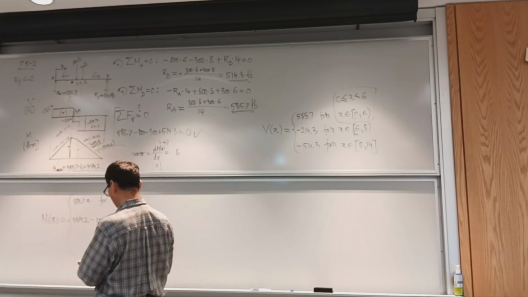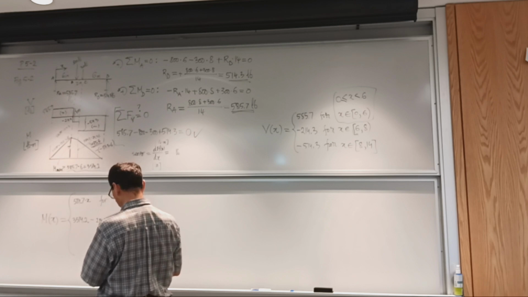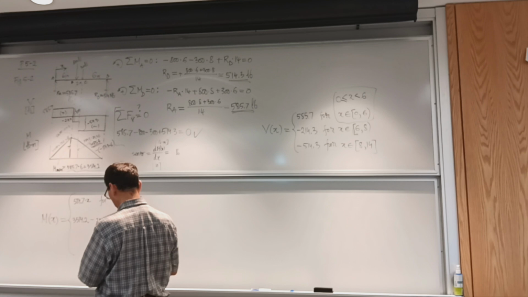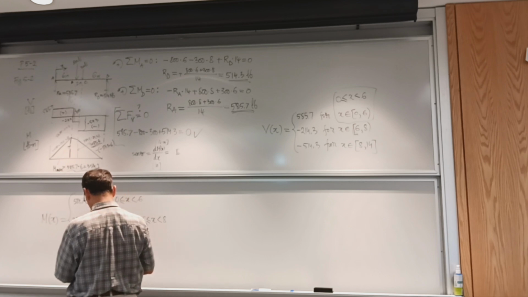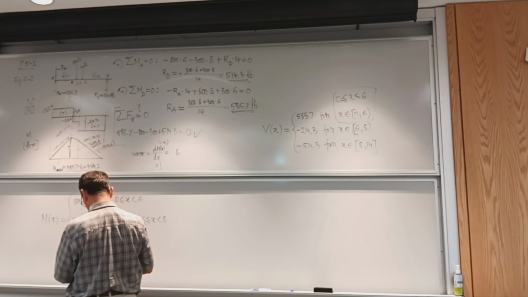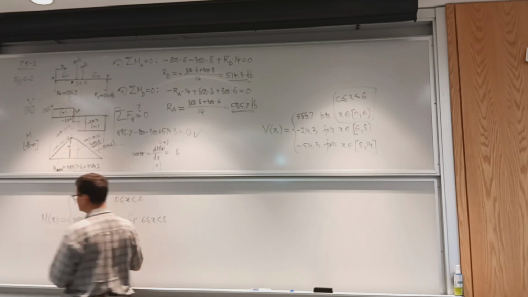So 3,514.2 negative 214.3 times 2 equals, okay, so yeah, it's confirmed.